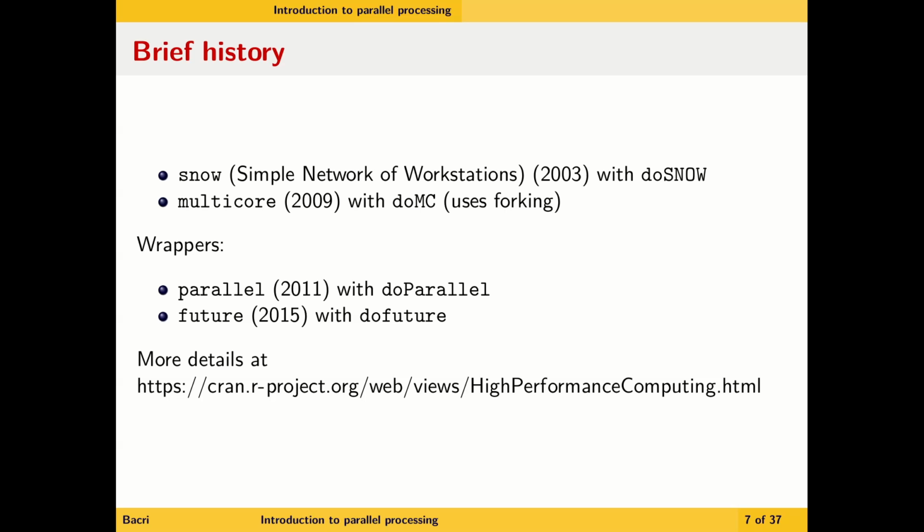And then the Future package is a bit more recent and a bit more standardized, because the main concepts of the Future package are available in other programming languages such as C++ and Python. So if you understand how that package works in one programming language, the concept is very similar in other programming languages. You can look at more details on the history of high performance computing on cran.r-project.org.